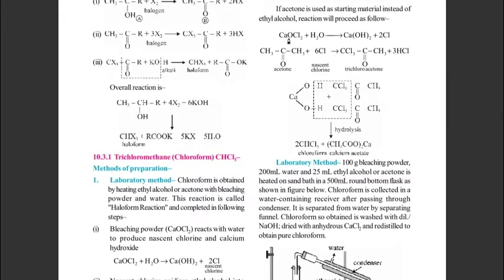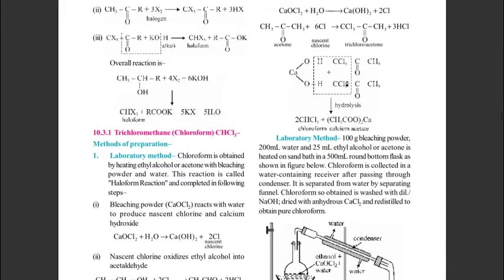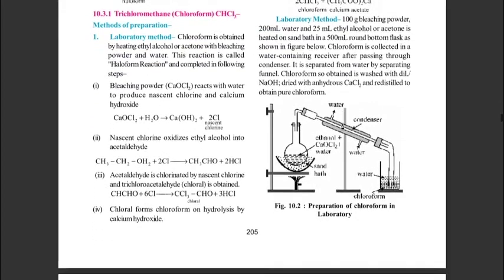Bleaching powder plus H2O, we get calcium hydroxide and nascent chlorine. This nascent chlorine reacts with acetone, we get trichloroacetone. This trichloroacetone upon hydrolysis gives chloroform and calcium acetate.